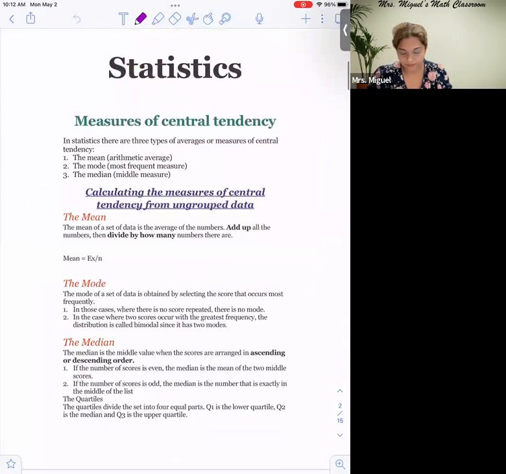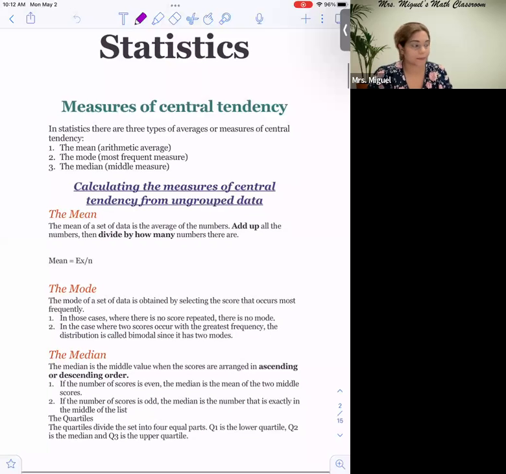So, statistics. Measures of central tendency. I am sure that at some point you all met that word, central tendency. Central tendency means that there are 3 statistical averages.